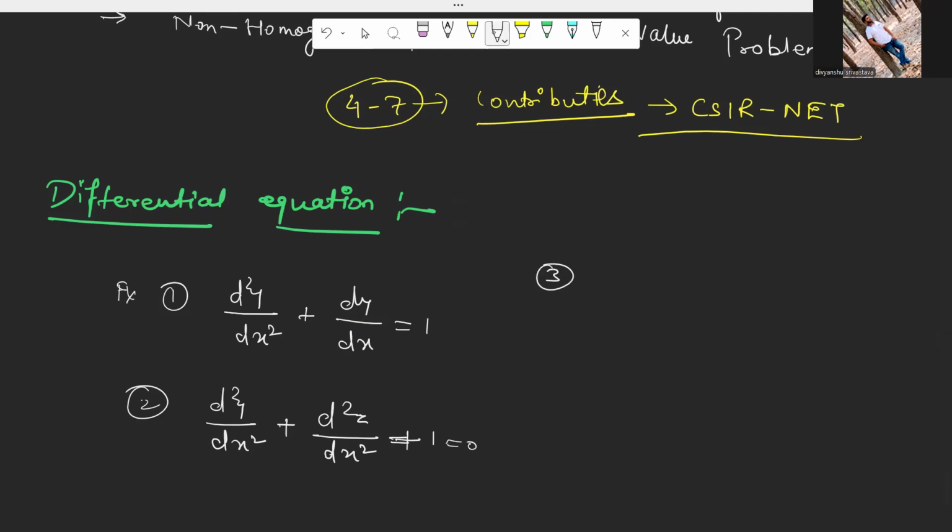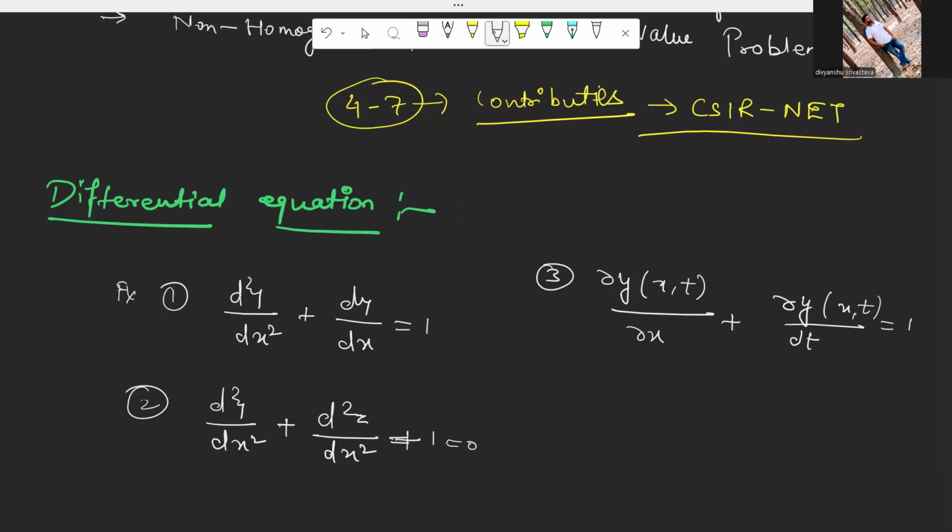And in the third example, I will show you partial derivatives with respect to x and t, partial derivative with respect to x plus partial derivative with respect to t, and here is written x comma t, which is also equal to 1. These are examples of differential equations.